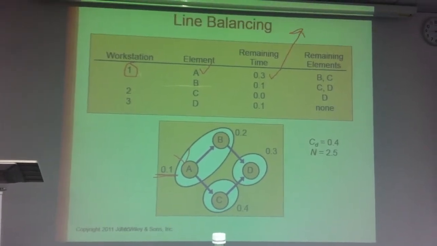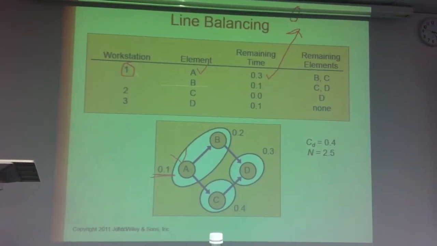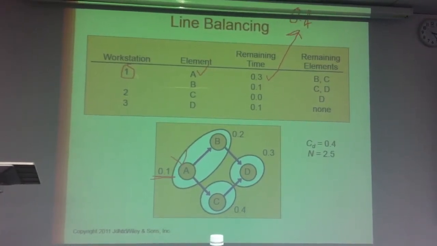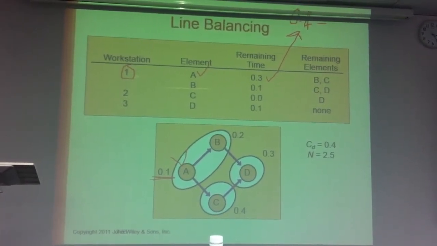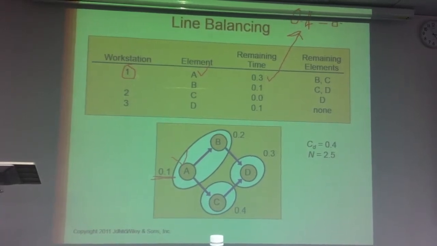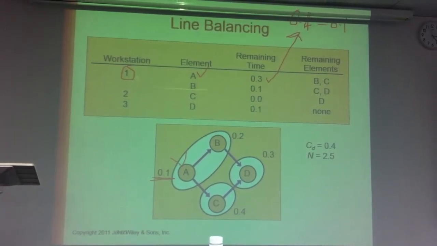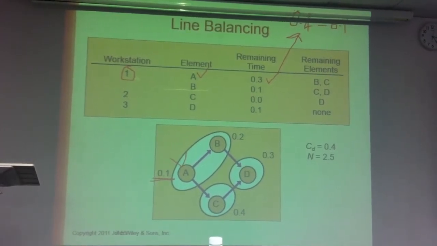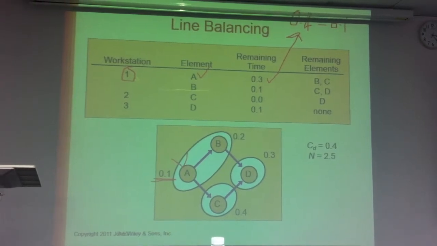To get this number, you take the cycle time minus the time for this job. Okay? Next, because you have 0.3, step by step, right? Once you understand this, you go home, you don't have to read.